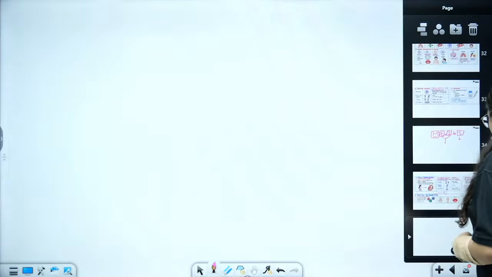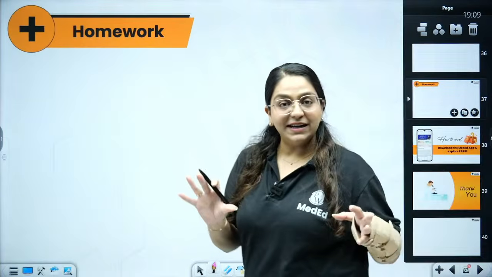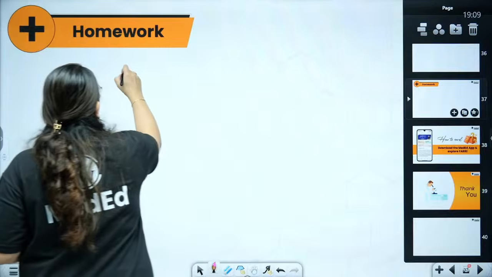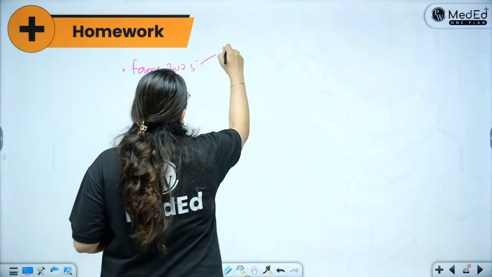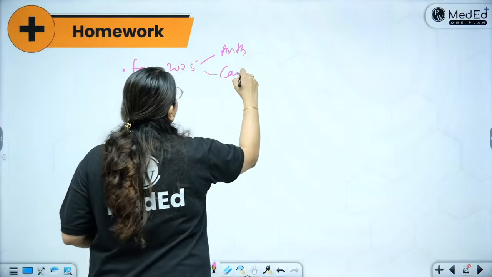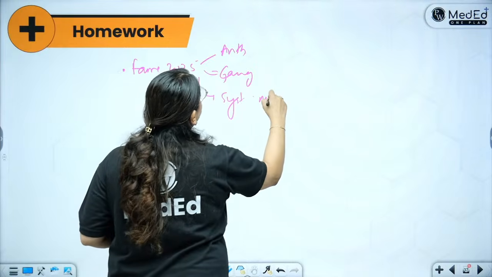Okay? So, yes, we are done guys with the very, very intense big lecture. Now, I want you to go and watch FARRE 2025 for anthrax and gangrene, and I want you to watch it for the systemic mycosis, for the fungal infections.